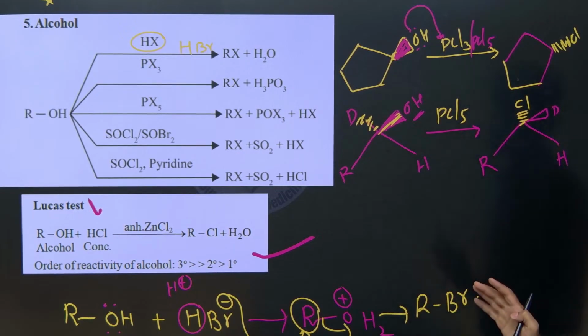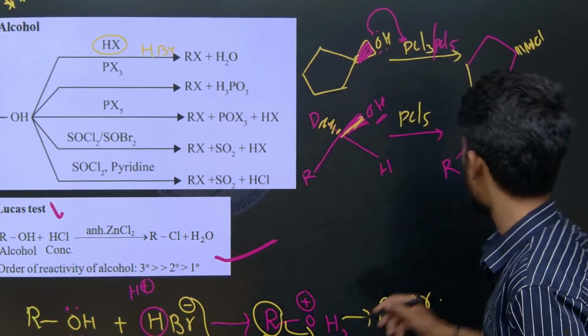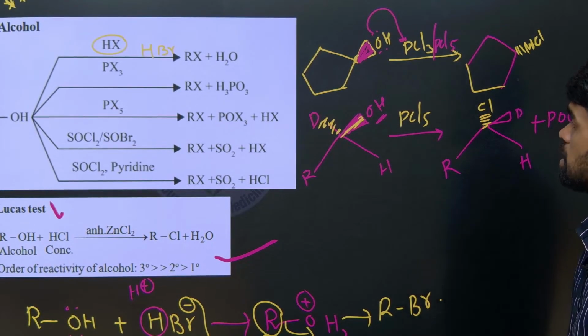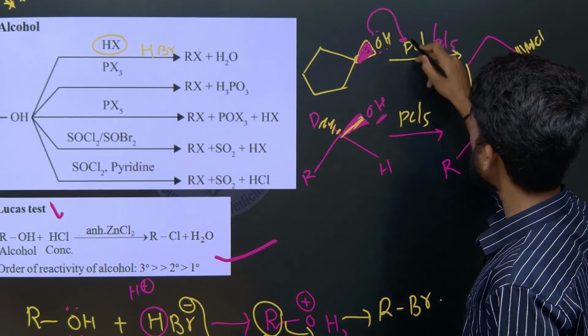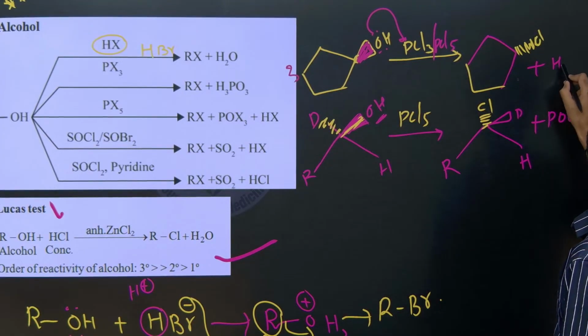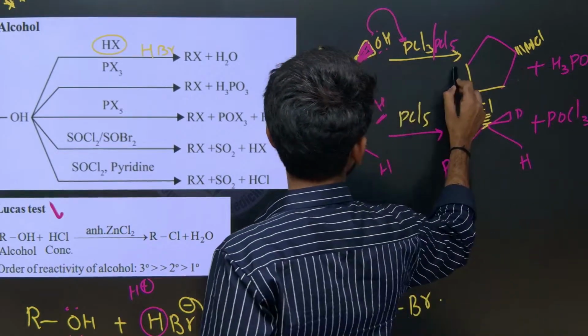Configuration is reversed here, no? So this is what happens, inversion of configuration takes place, and the byproduct formed here is POCl3. POCl3 is a byproduct formed here, and 1 mole of these can react with 3 moles of alcohols and will have H3PO3 as a byproduct. Okay, I hope it is clear.